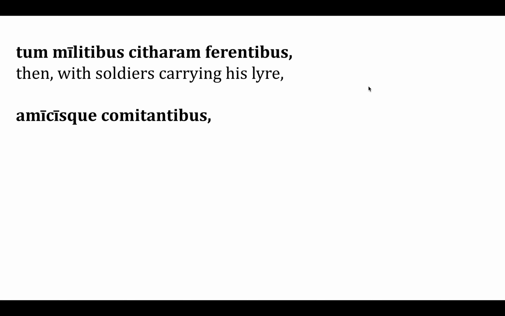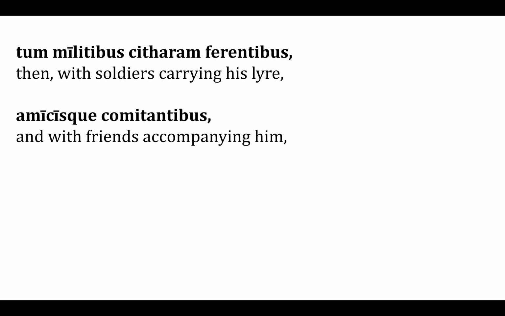And then we have another ablative absolute, because you've got que meaning and, but then you've got amicis, ablative plural noun, and then comitantibus, again that nt in the middle. This is an ablative participle. So with his friends accompanying him, and you have to just imagine an object here, like eum, meaning him. In medium progressus.